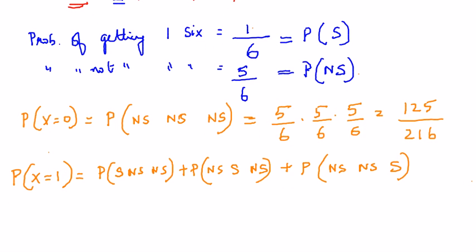So what is the probability? It is 1 by 6 into 5 by 6 into 5 by 6.